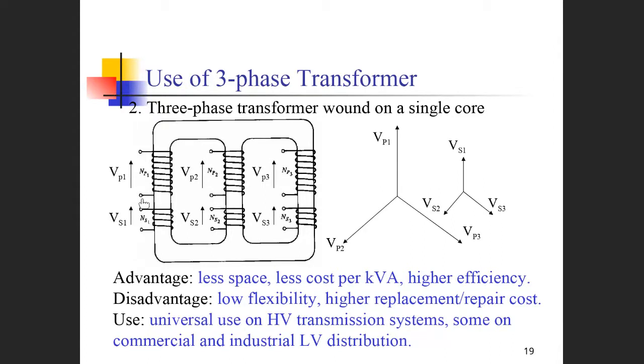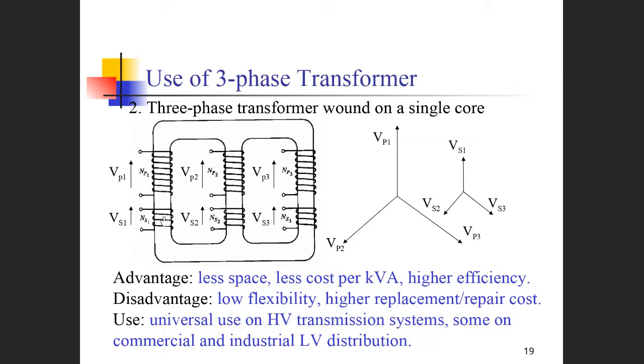One arm has primary 1 and secondary 1. The center arm has primary 2 and secondary 2, phase 2. And the third one, the right arm, has primary phase 3 and secondary phase 3.